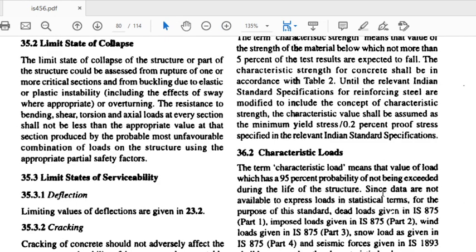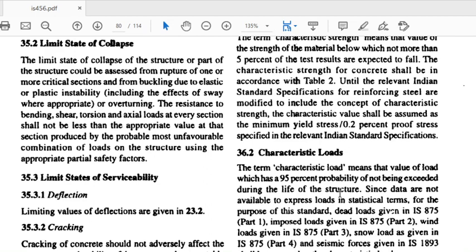The next one is the characteristic load, the value of which has 95% probability of not being exceeded during the lifetime. That means we will be designing a structure for the characteristic load.